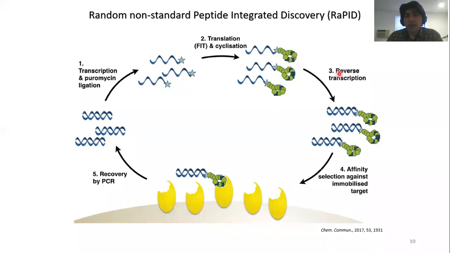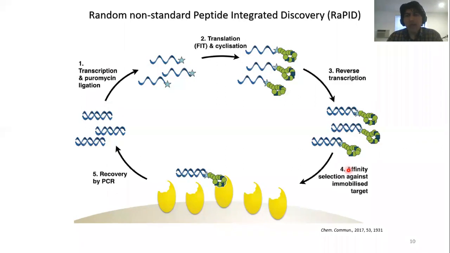The mRNA is still attached to the peptide, as you can see in this schematic diagram, so you know which mRNA belongs to which peptide. This is a very important thing to know, which mRNA displays which peptide. Now this library undergoes reverse transcription, and the mRNA goes back to cDNA, complementary DNA.